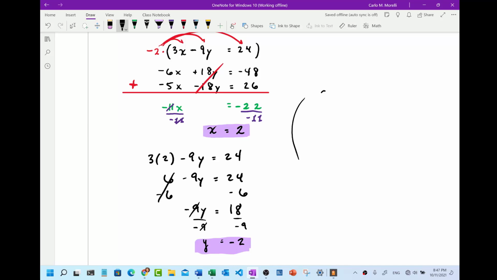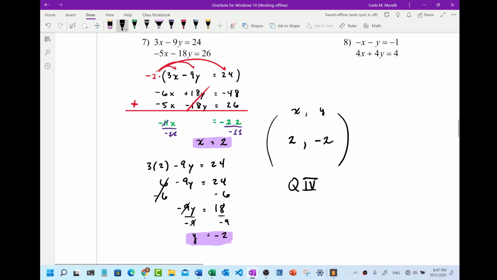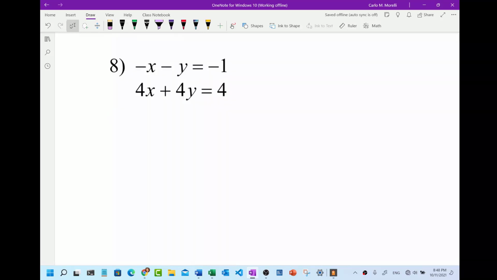Where x is positive and y is negative. That's going to be Q4, right? It's the only place where x is positive and y is negative. All right, and that is the end of number 7.